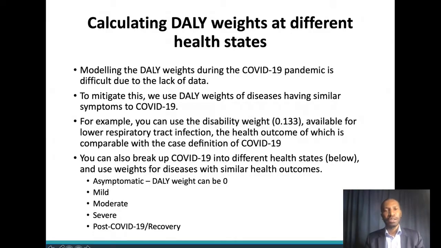One way to mitigate this is to use DALY weights of diseases having similar symptoms to COVID-19. For example, we could use a disability weight of 0.133 available for lower respiratory tract infection, the health outcome of which is comparable with the case definition of COVID-19. We could also break up COVID-19 into different health states that I will describe below, and use the weights for diseases with similar health outcomes.